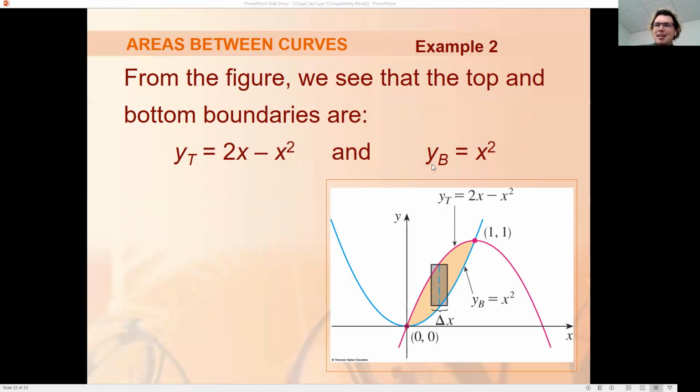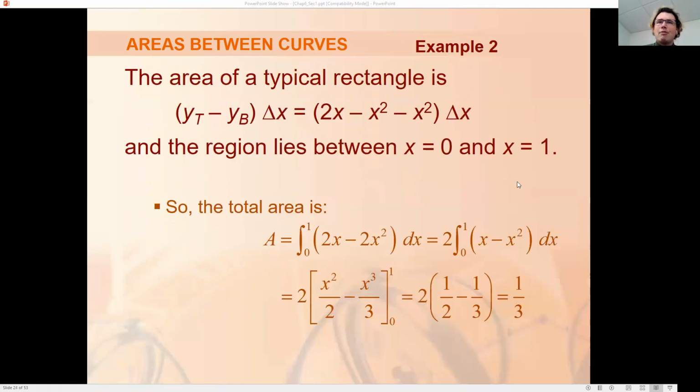The one parabola tells me that y equals x squared, so my y would be a positive 1/4. The other graph tells me y is equal to twice x minus x squared, so there I would get y equals 3/4. And I know that 3/4 is greater than 1/4. Okay, so that's the reason why 2x minus x squared is the top function and x squared is the bottom function.